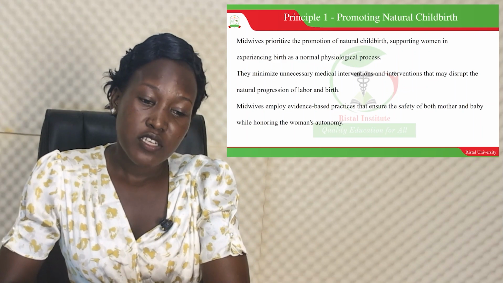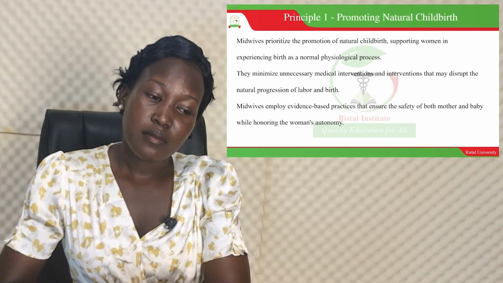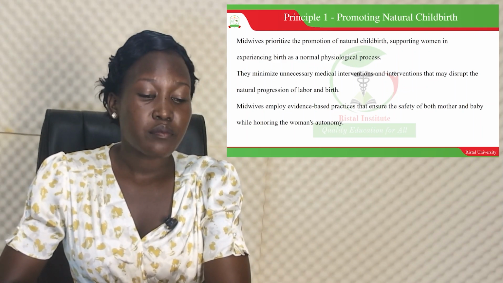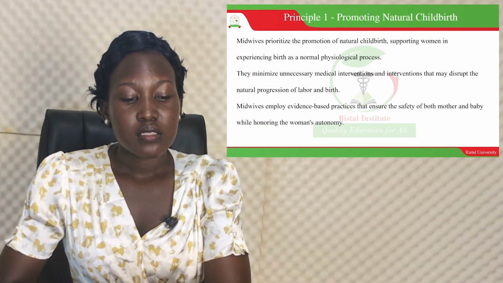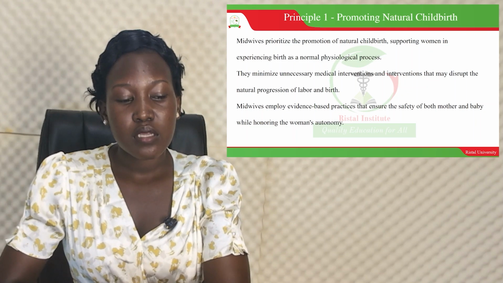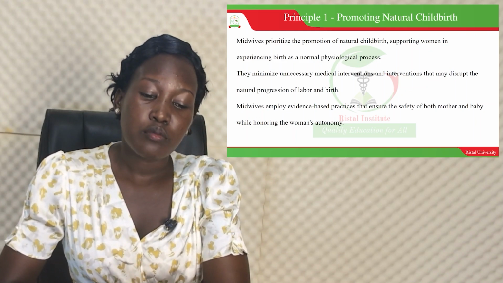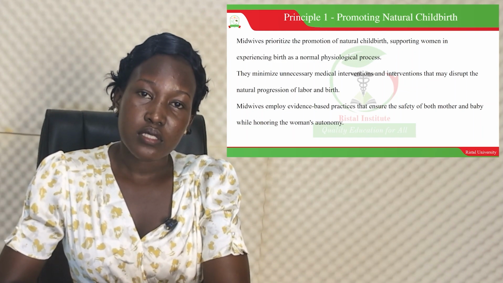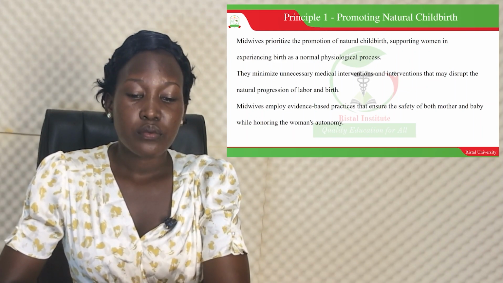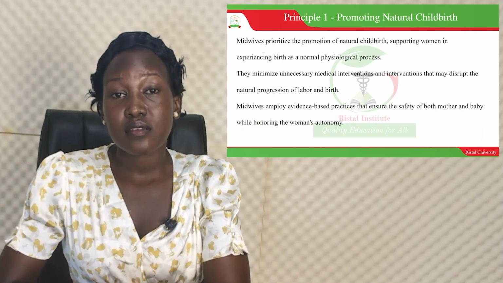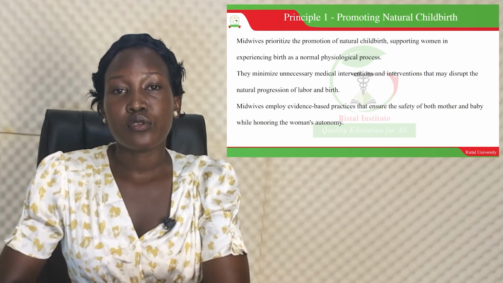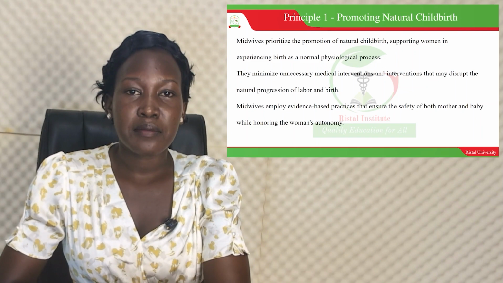So under this first principle, promoting natural childbirth, we see that midwives prioritize the promotion of natural childbirth, supporting women in experiencing birth as a normal physiological process. So in most cases, we want to support women to experience the normal physiological process of childbirth.